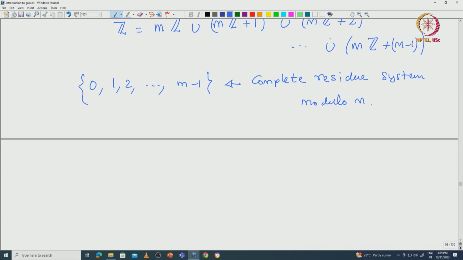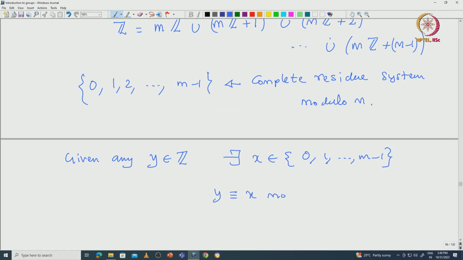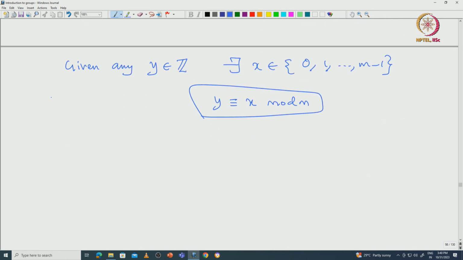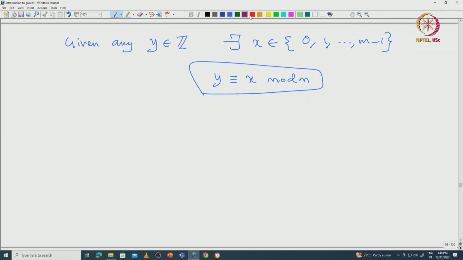Why? Because given any integer y in Z, there exists exactly one x from 0, 1, 2, etc., m minus 1 such that y is congruent to x modulo m. Now if you think about it, you can generalize this to any x1 etc. xm.